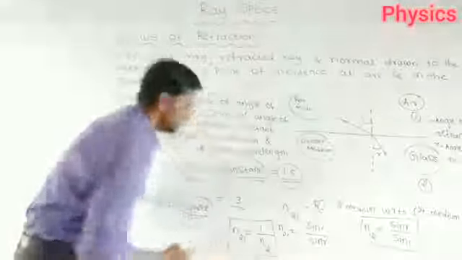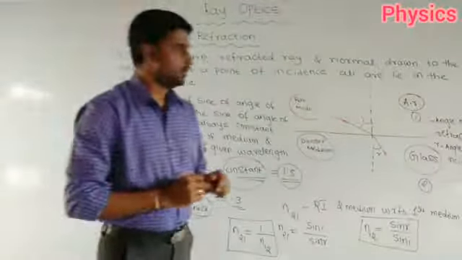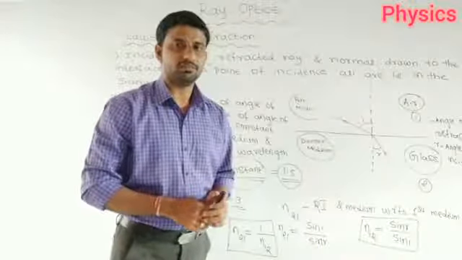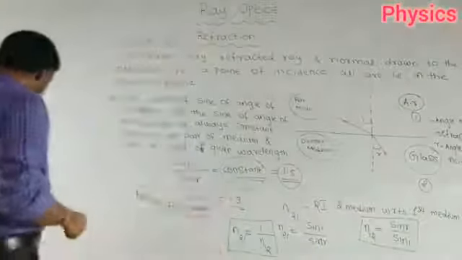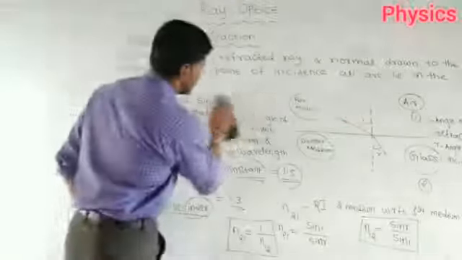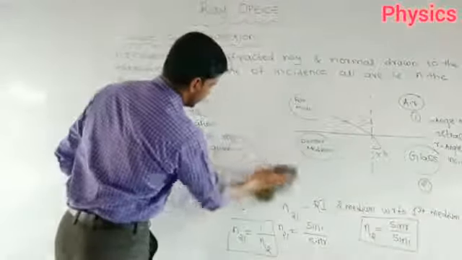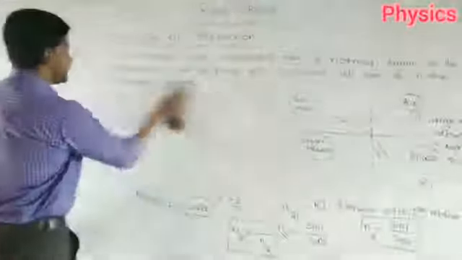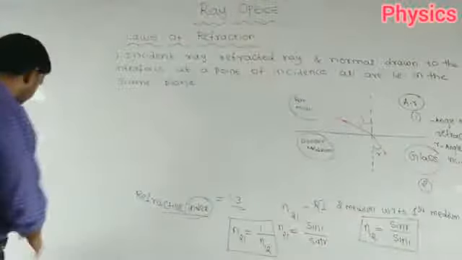So that is about the refractive index of the medium, the refractive index of one medium with respect to another medium. In the case of refractive index, there are two types: the relative refractive index and the absolute refractive index.